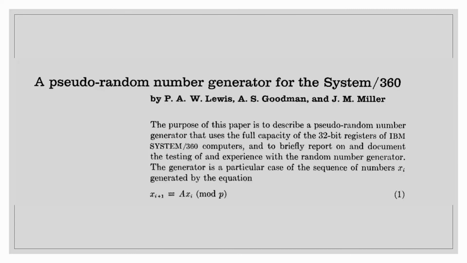There was another paper given by Lewis, Goodman and Miller. What they did was choose the values such that it utilizes the full capacity of a 32-bit computer. They use this linear congruential generator where you can see that c is equal to 0.